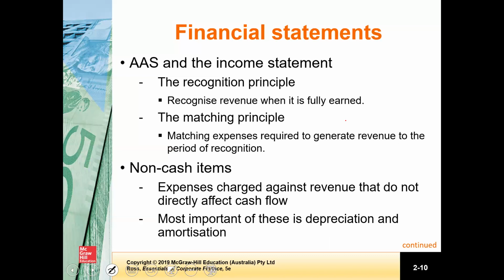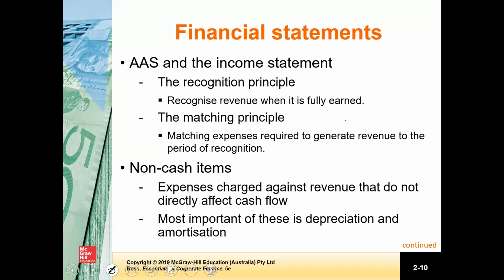So if we manufacture a product and then sell it on credit, the revenue is recognized at the time of sale. The production or other costs associated with the sale of the product will likewise be recognized at that time.